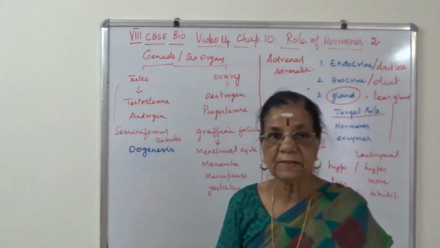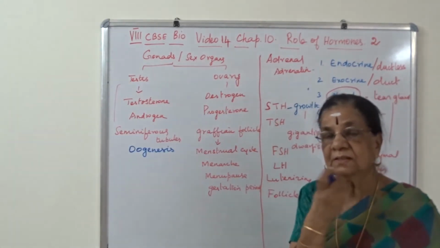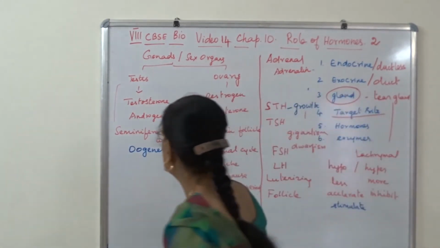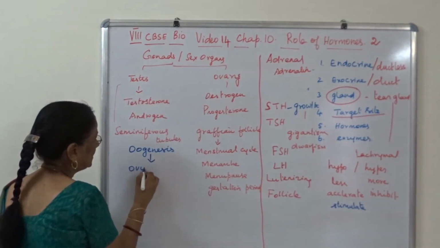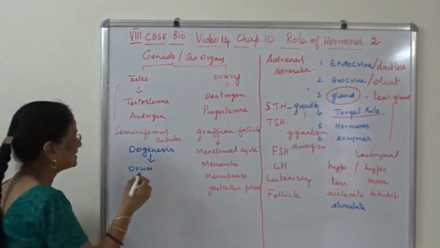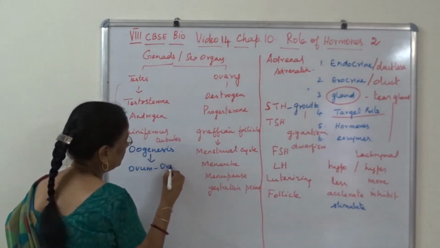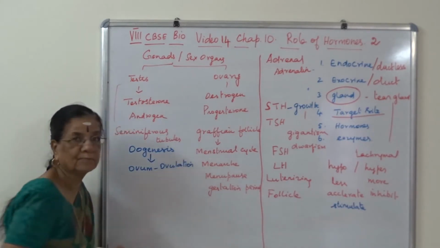I hope you are listening. So now this oogenesis will produce the ovum. As a result of oogenesis, it produces the ovum. And the process of release of ovum is called ovulation. Okay?